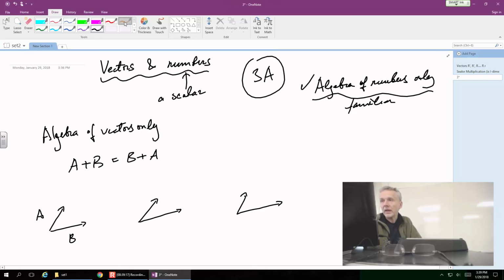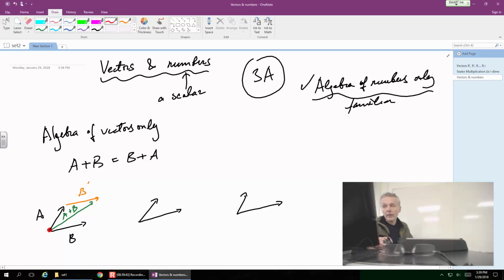I take my B and attach it to the end, right? So this is A plus B. Once again, it's a two-step procedure. B is copied, attached to the end of A, and then you connect the origin to the end of that vector. Okay, so that's my A plus B.